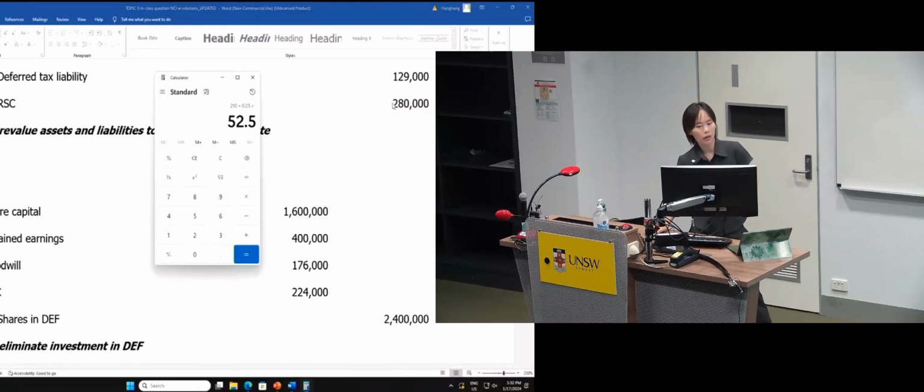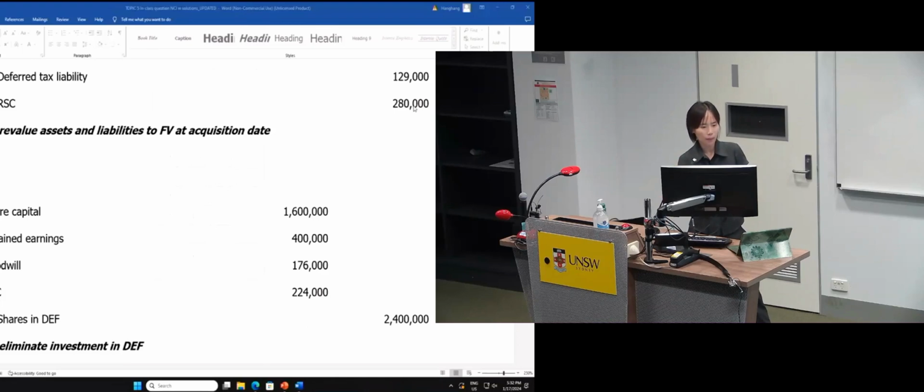So you can see here we already have the RSC balance, that is 280 thousand, and net loss multiplied by 80%. So the amount of RSC balance required to be eliminated in your pre-acquisition entry is 224,000. If you have combined RSC entries, that is the benefit, you can easily get the subsidiary's RSC balance on the acquisition date.